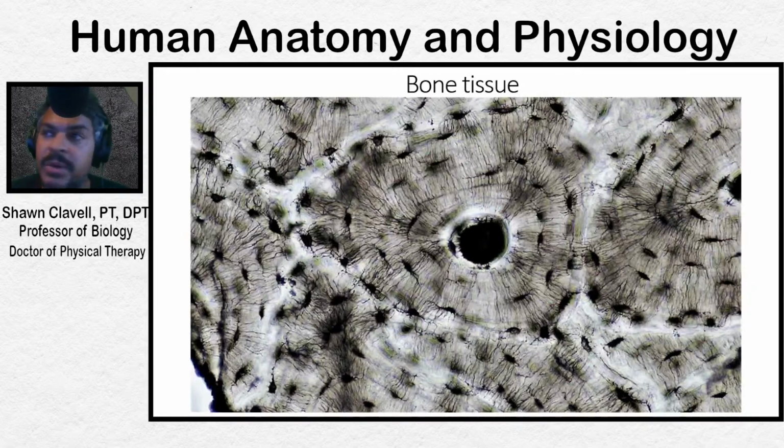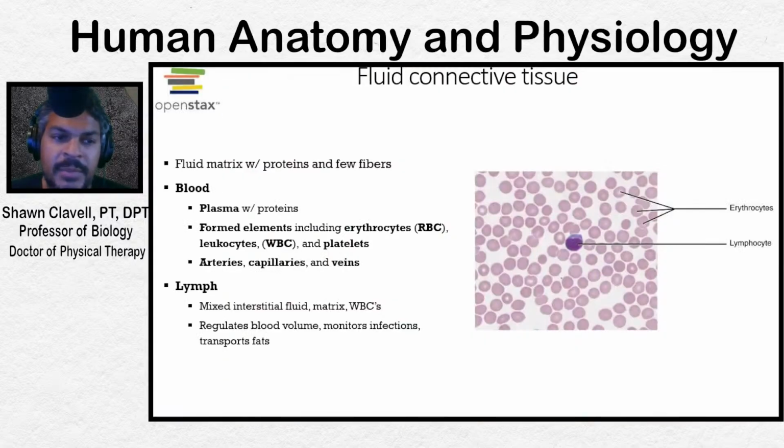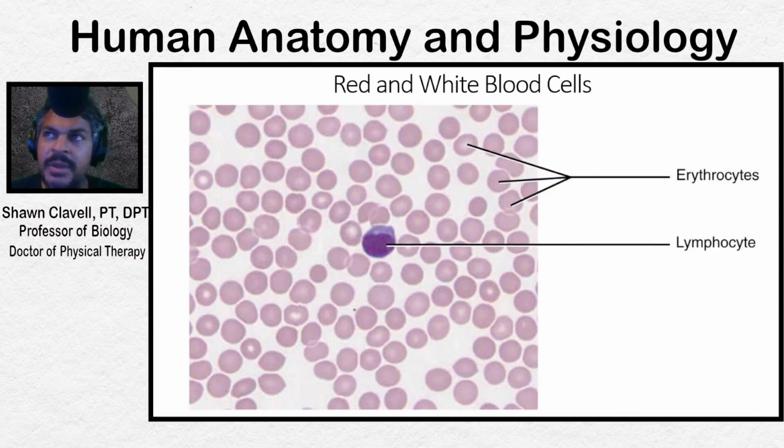Finally, bone. Bone should be fairly common. Hopefully, it looks very unique and very easily identifiable. And blood. I don't have any pictures of lymph per se, but there is blood for you there.